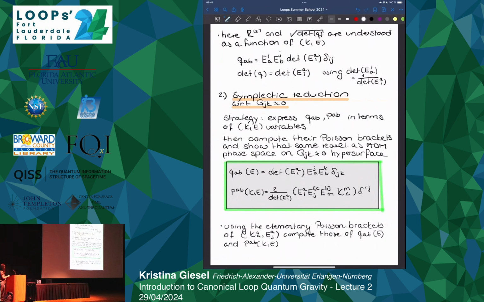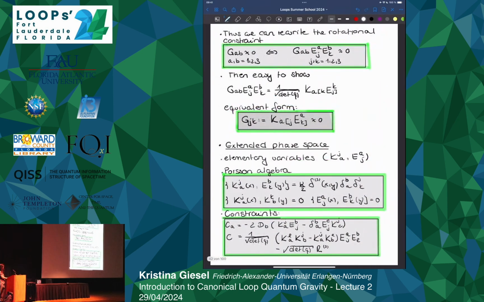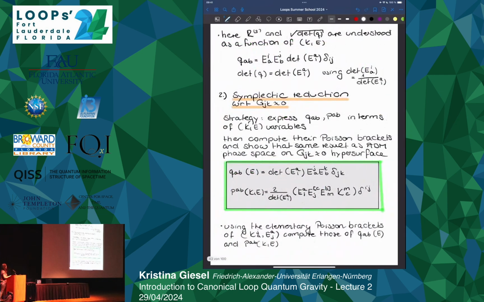So now we basically need to express the R3, which I wrote down here, also in terms of these new variables, which can be done, but of course the box is limited here. That's why I just wrote R3 here, but it's understood as a function of K and E, and one can write this down also explicitly.